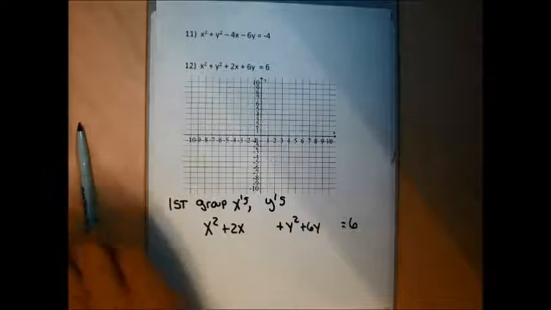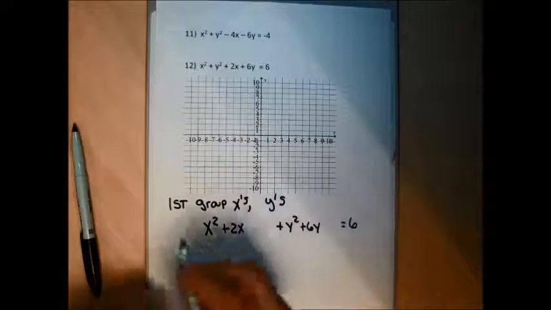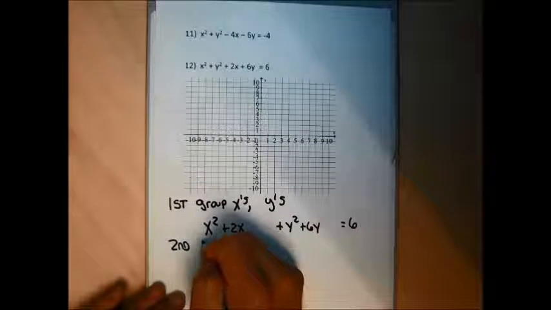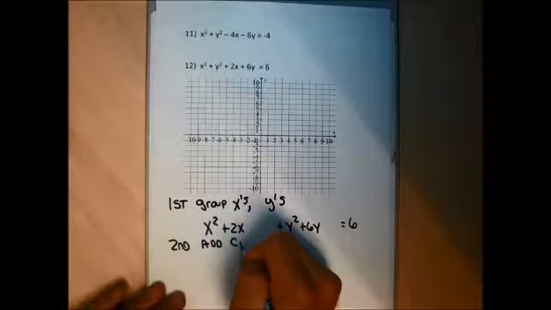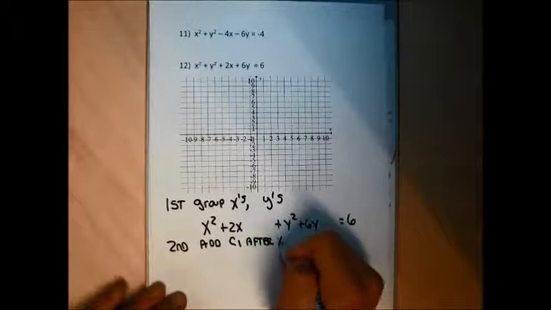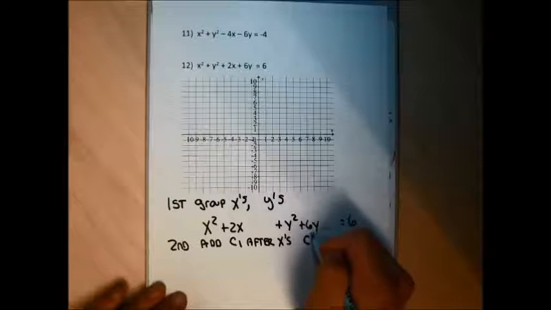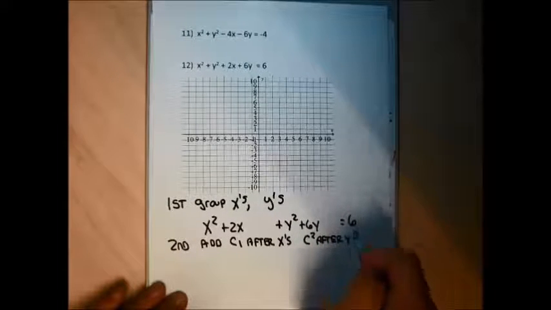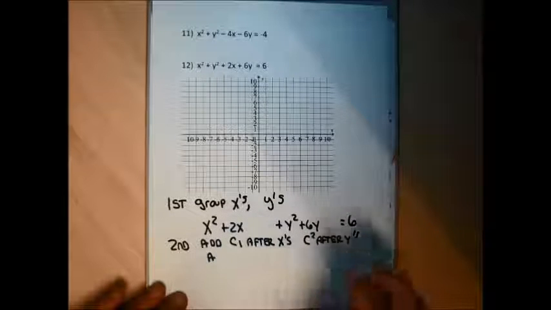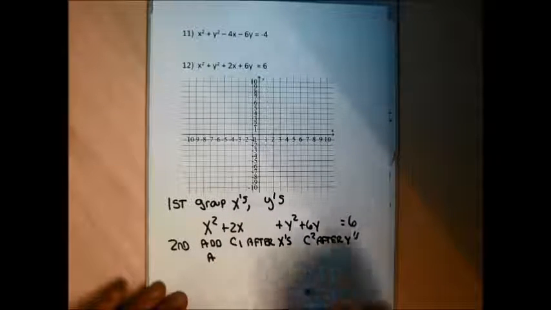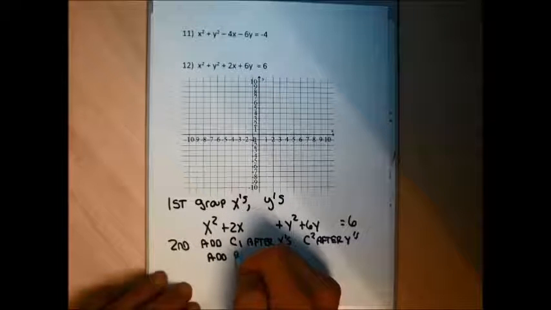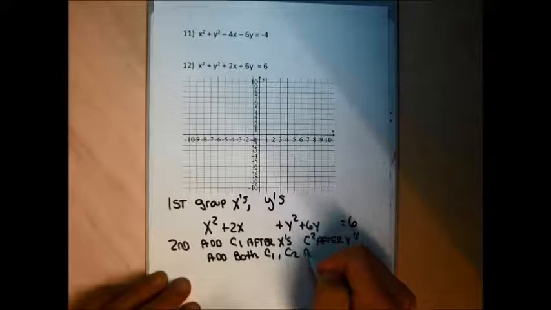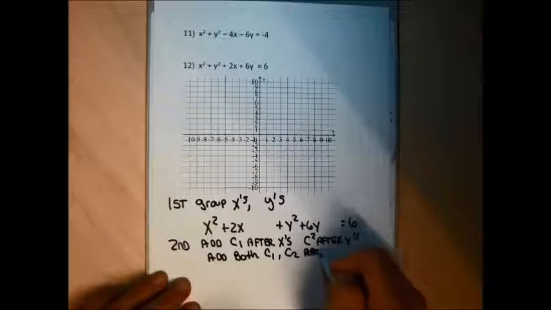Alright, so now, second, add C1 after the x's, and C2 after the y's, and add both C1 and C2 on the right side.